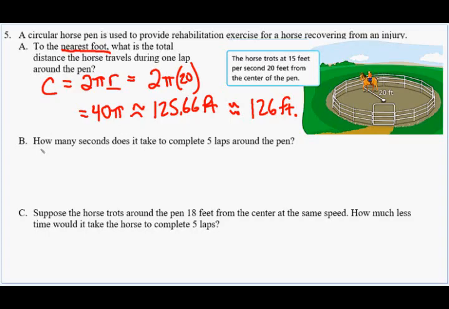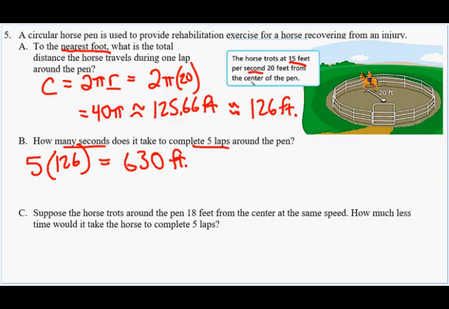So now it says, how many seconds does it take the horse to complete 5 laps? Well, if we're going to do 5 laps, and each lap is 126 feet, that means the horse is going to travel a total of 630 feet. And let's read here in the box, the horse trots at 15 feet per second, 20 feet from the center.